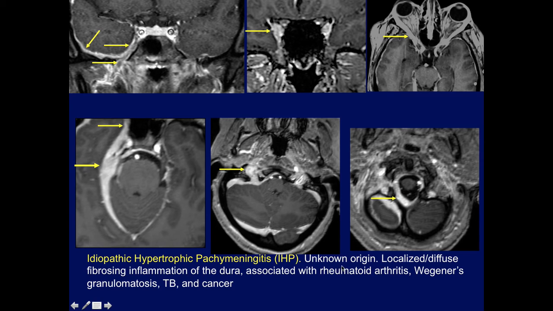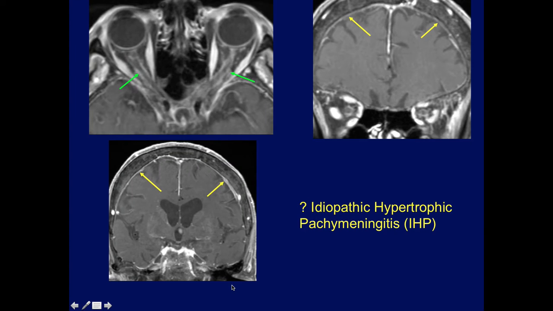And this, again, is a rare condition of unknown origin. It has either localized or diffuse fibrosis and inflammation of the dura. It's usually associated with rheumatoid arthritis, Wegener's granulomatosis, TB, and cancer, and also sarcoid. But this patient had none of that. So this is possibly the etiology in this case.